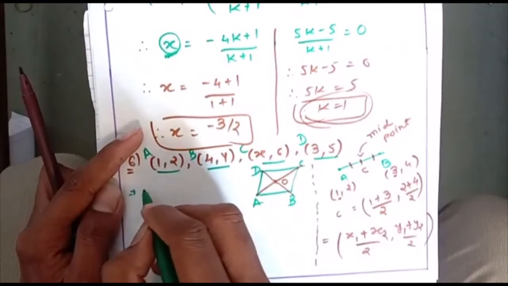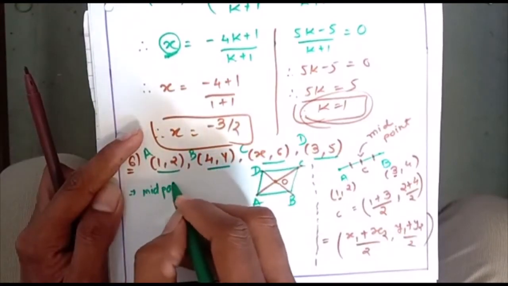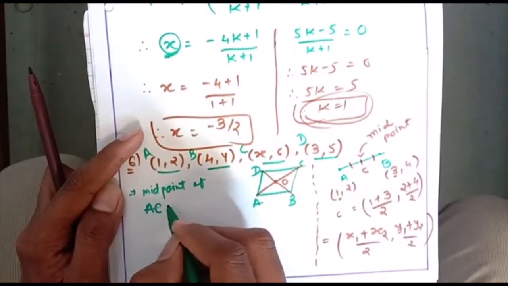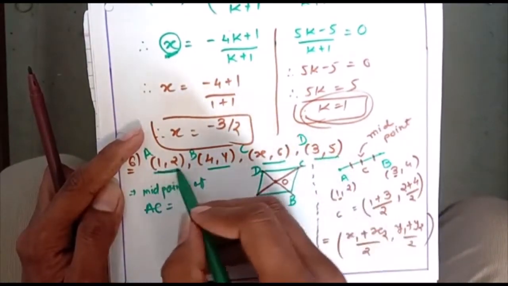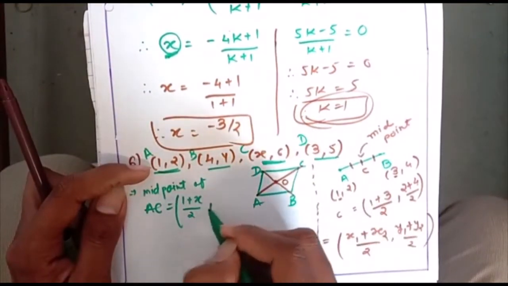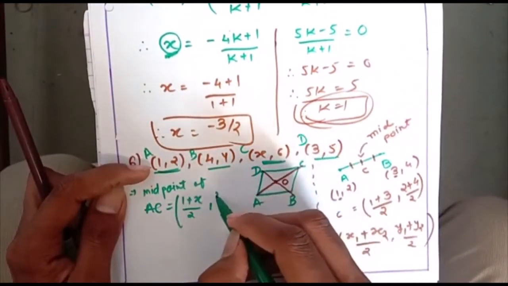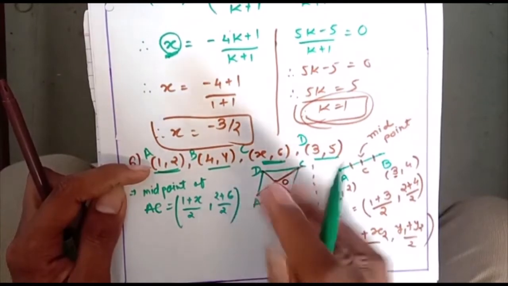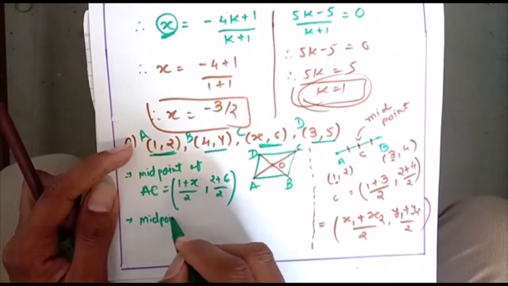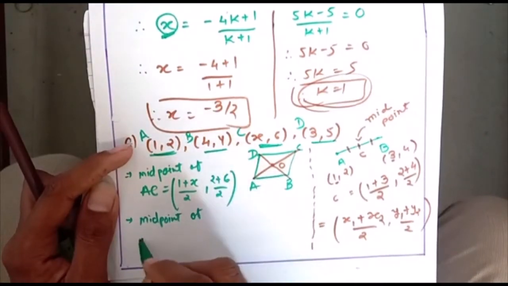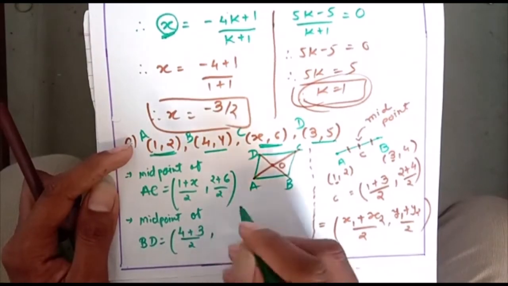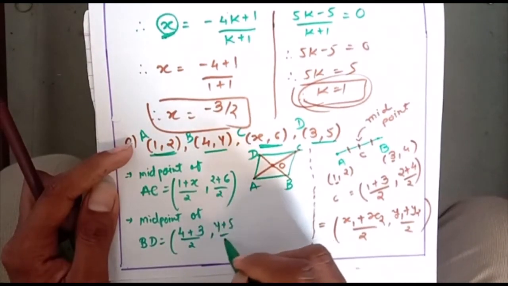First find the midpoint of AC. Midpoint of AC, A and C: (1 plus x) by 2 and (2 plus 6) by 2. Same as the midpoint of BD: (4 plus 3) by 2 and (y plus 5) by 2.